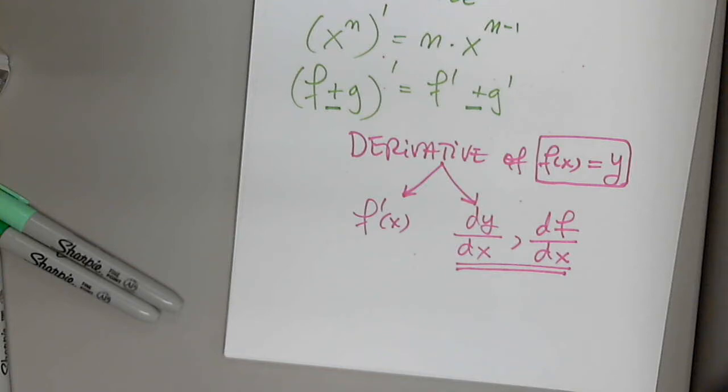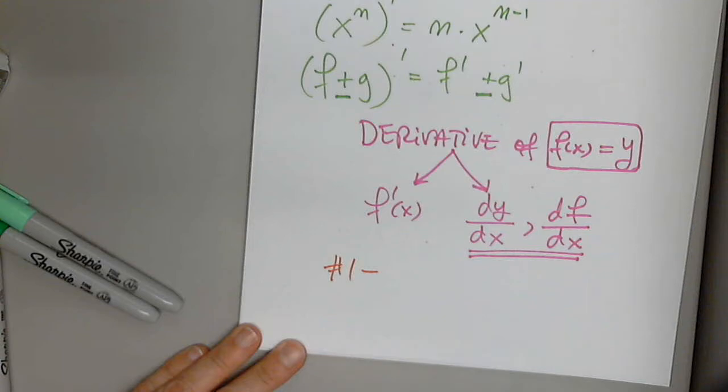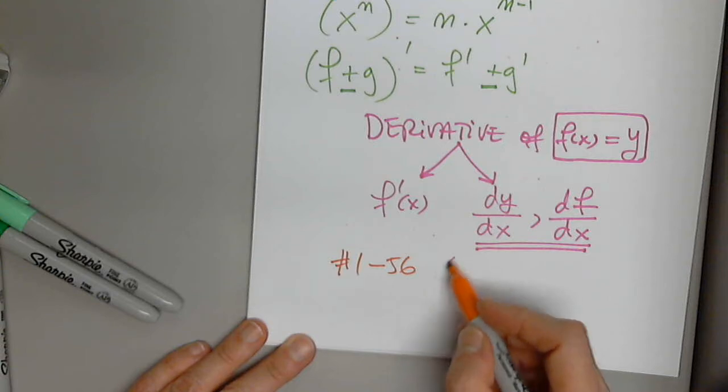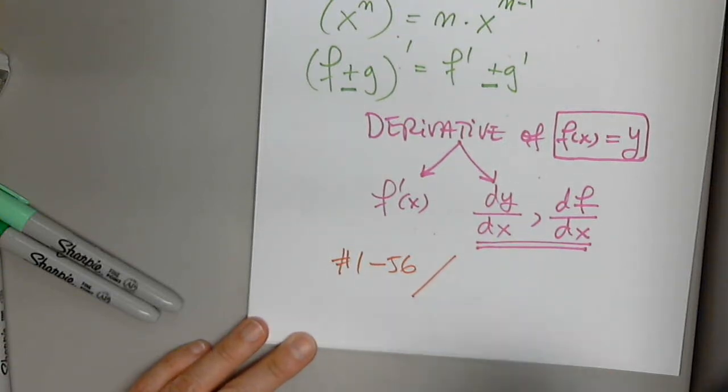Any questions? Okay, so let's look at problems, and I would like you to choose, if you'd like, from page 145. Everything you'd like to look at between 1 and 56. Let's choose a couple. Any problems you want on page 145.